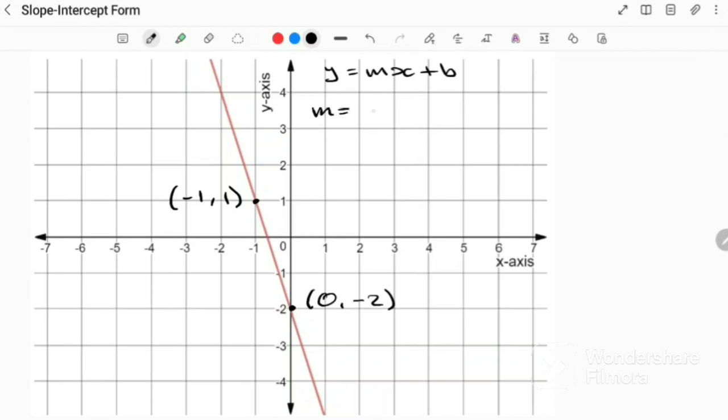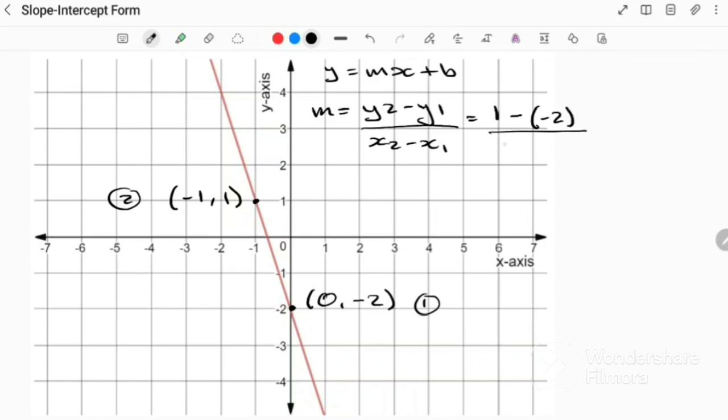Let's find m. y2 minus y1 over x2 minus x1. Let's call this point 1, let's call this point 2. So our y2 is 1, our y1 is negative 2, over our x2 is negative 1, and our x1 is 0, minus 0.